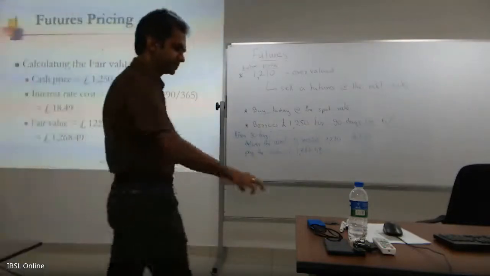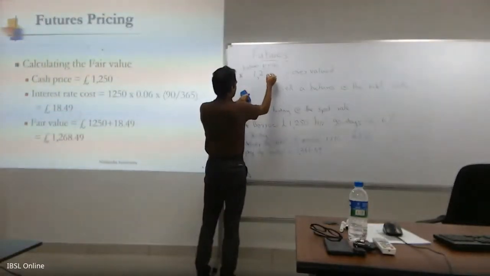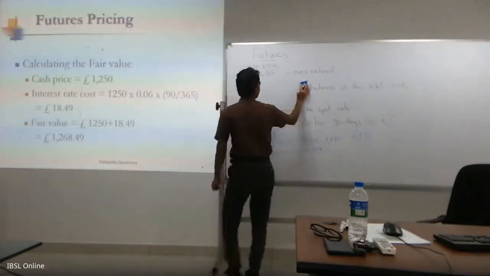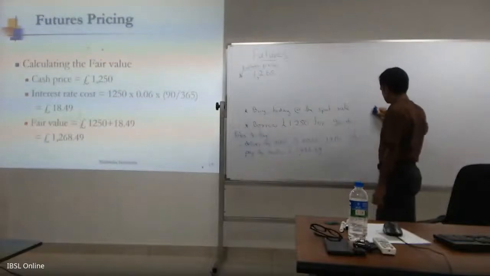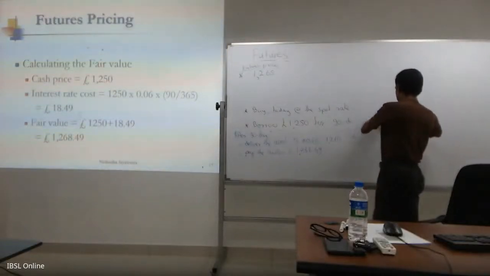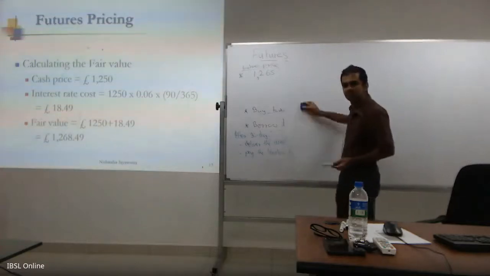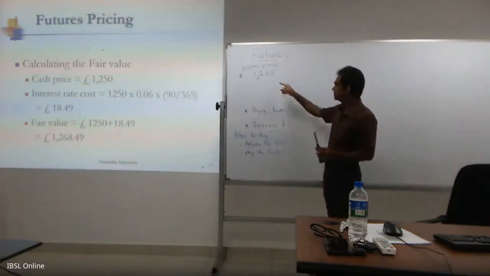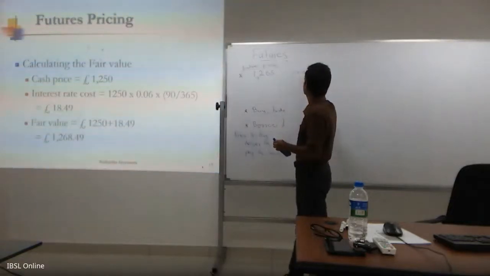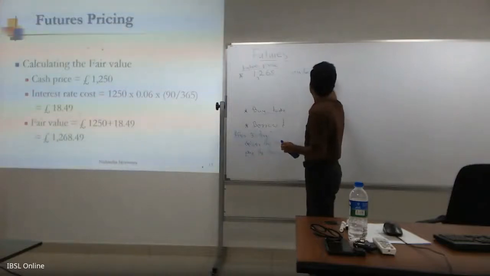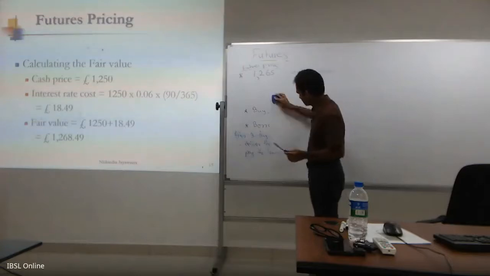What would happen if, instead of 1,270, it is 1,265? Now the market is, this one is undervalued. Then what do you do? Buy from the market. What do you buy?